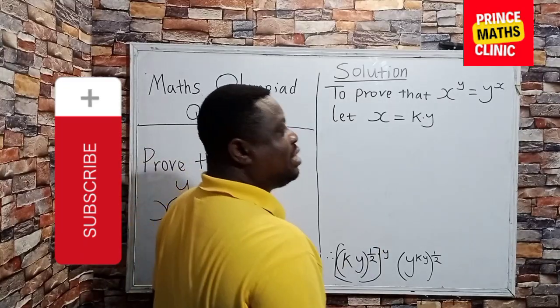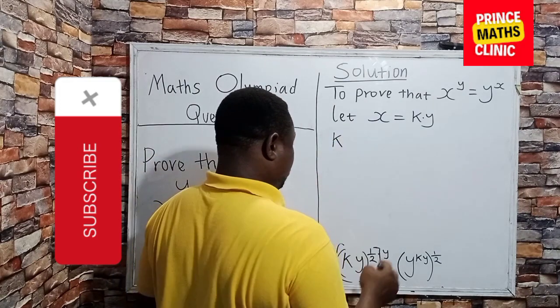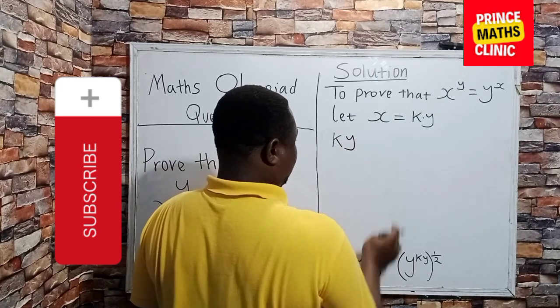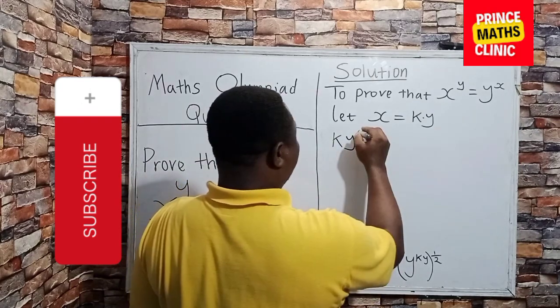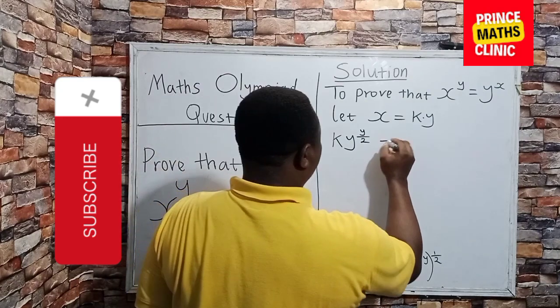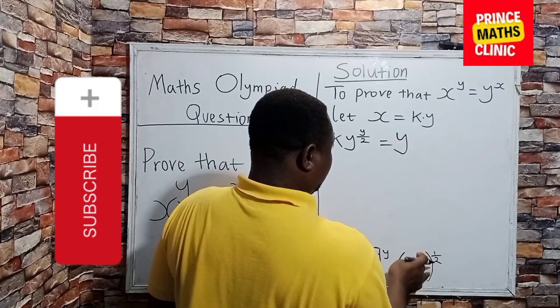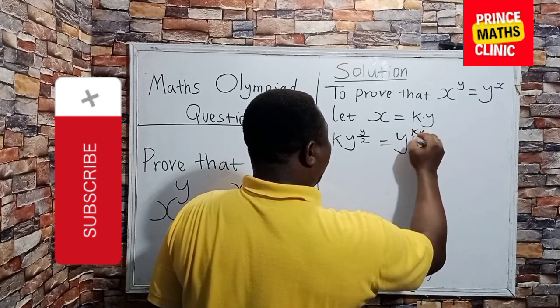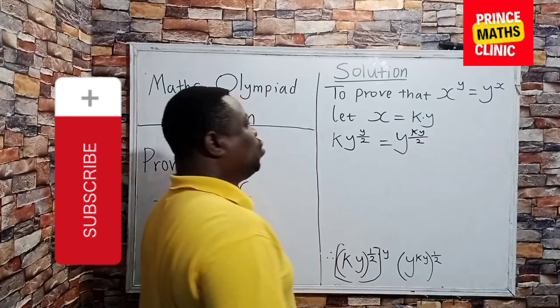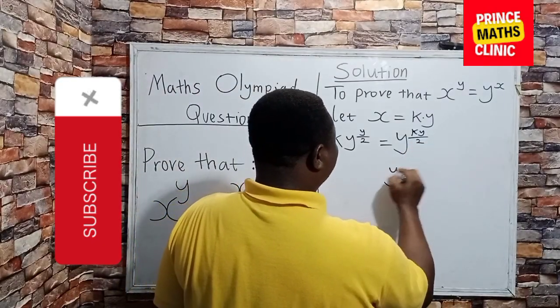Now, applying that here, this becomes ky, then multiply this by this, you have it as y over 2, equal to, this becomes y, ky over 2.